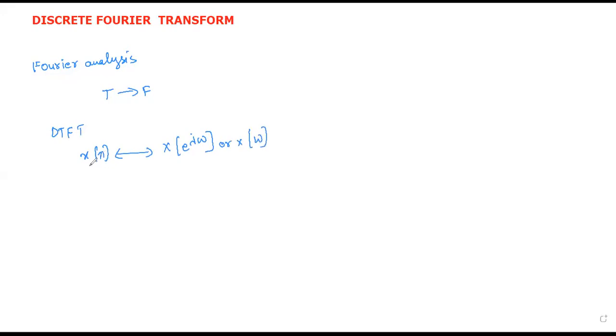Even though x of n is a discrete time sequence, x of omega is a continuous sequence, because if you observe the frequency, phase and magnitude plots which we usually draw, this is how it looks, right? Here omega is the continuous variable, whereas n is the discrete variable.